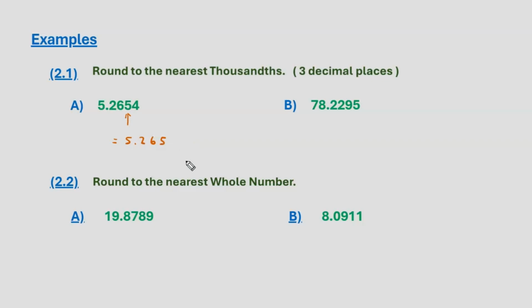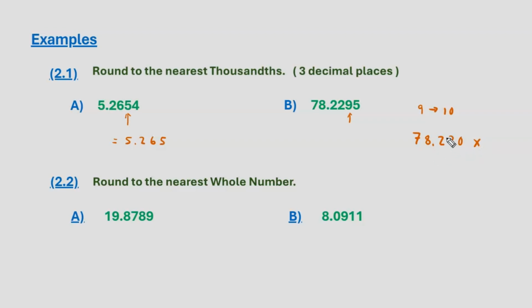Now example B, we're also rounding to 3 decimal places, which here is number 9. Next digit is 5, so we round up. However, 9 goes up in value to 10. So one could think we just write 10, but no, that's wrong.